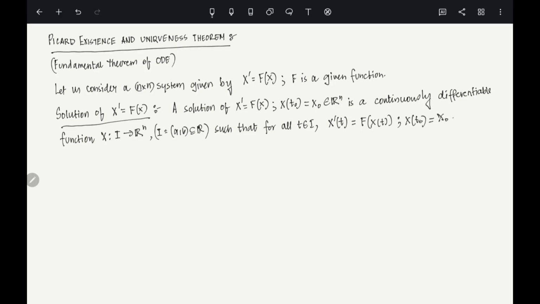So this has to be satisfied for all t in I, and at the initial point the curve should pass through the vector x naught.